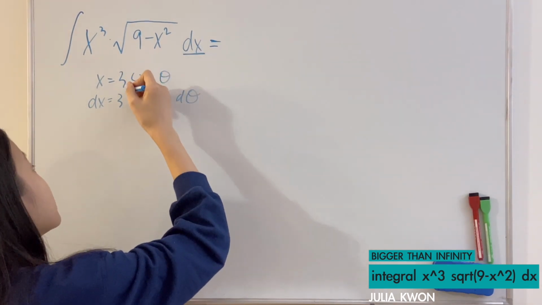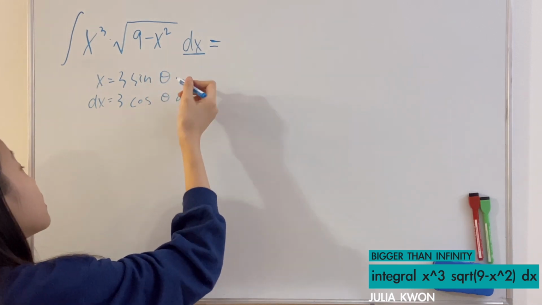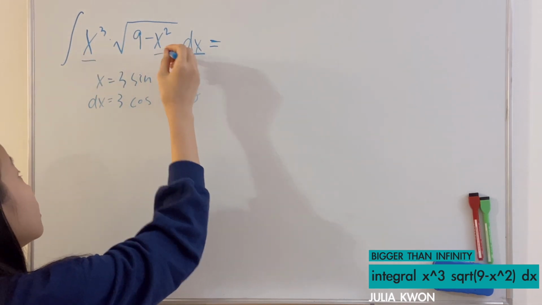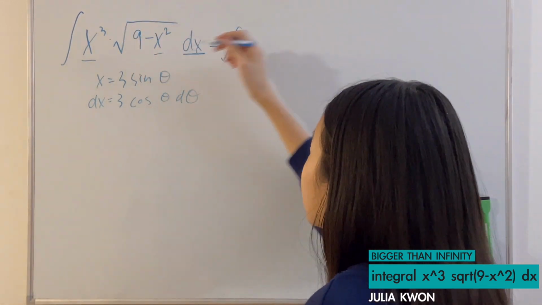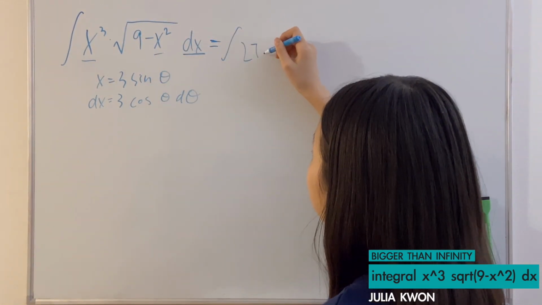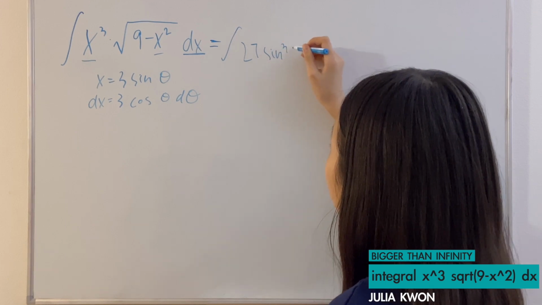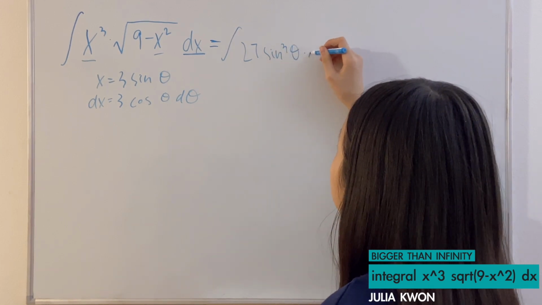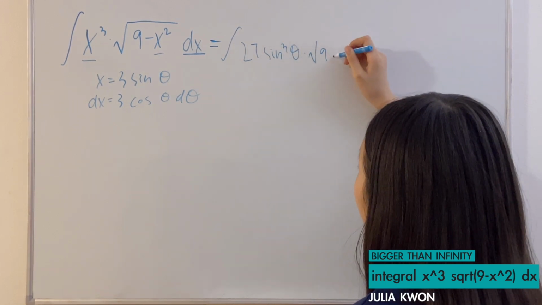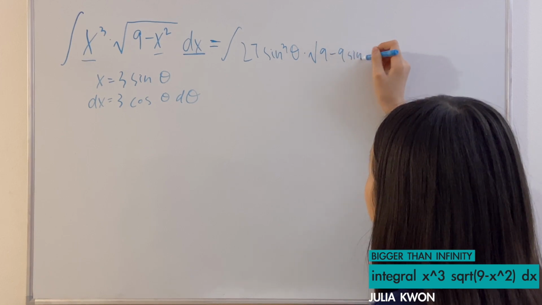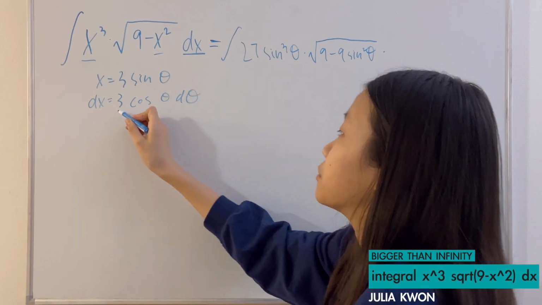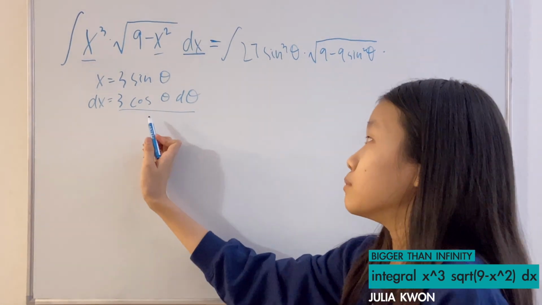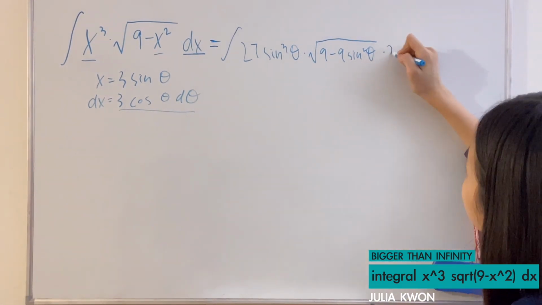We're going to put in 3 times sine theta for the x here and here, and we have to cube it, so if we do that, then we would have 27 times sine cubed theta times the square root of 9 minus 9 sine squared theta times the dx, which is equal to 3 times cosine theta d theta.